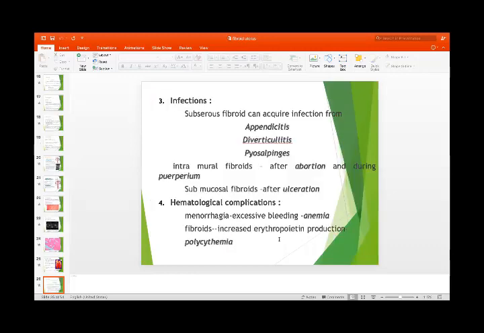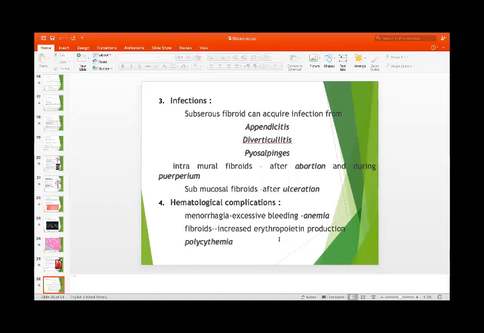Infections. Subserosal fibroids can get infected from neighboring organ infections like appendicitis, diverticulitis, or salpingitis. Intramural fibroids can get infected after abortion and during puerperium, and submucosal fibroids after ulceration.